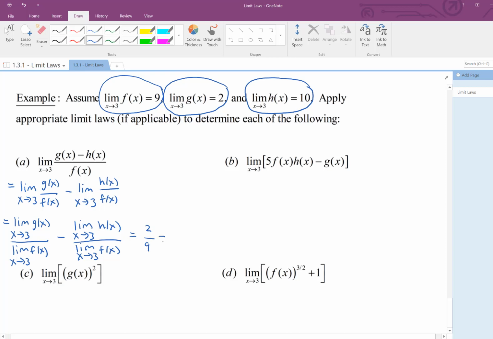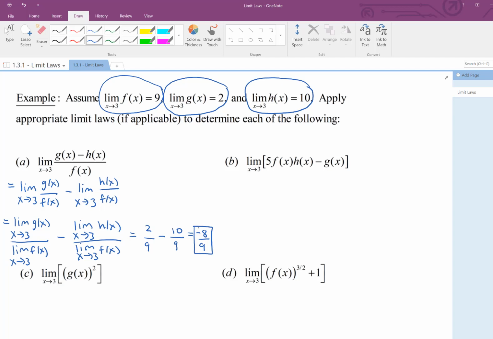Subtract from that limit as x goes to 3 of h of x, 10, over limit as x goes to 3 of f of x, which is 9. 2 ninths minus 10 ninths is negative 8 ninths. Bam. So we applied the limit laws appropriately and applicably to come up with this limit.